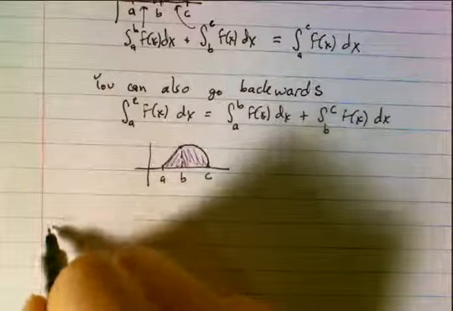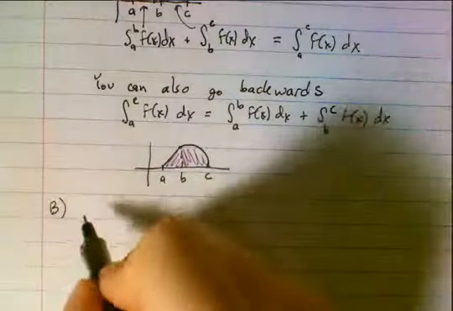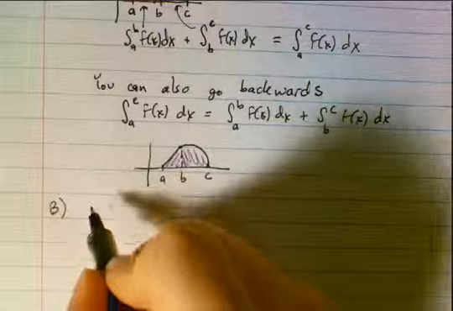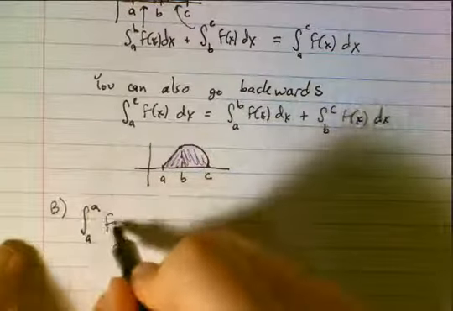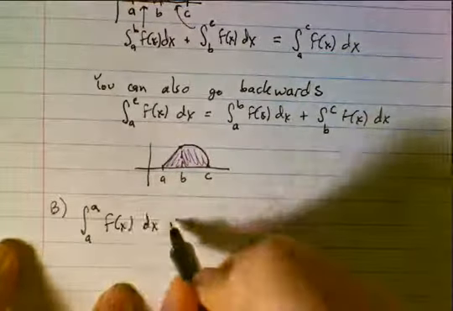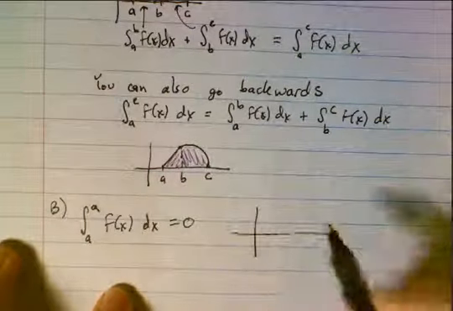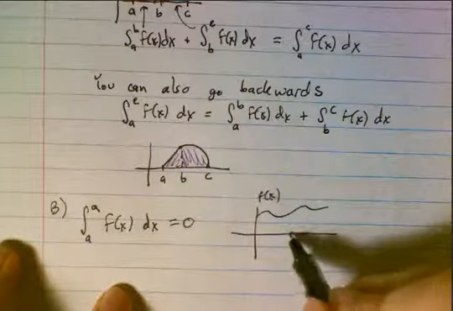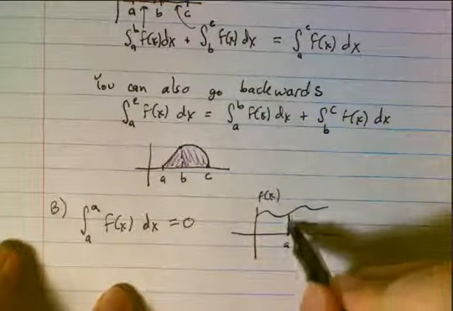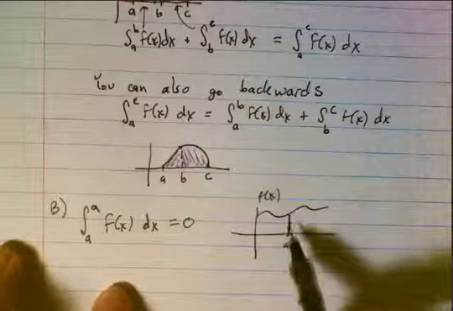Another rule that shows up in some unexpected ways. The integral from a to a of f of x dx equals 0. Basically what we're saying is no matter what curved shape we have, if we don't go anywhere, there's no area here.